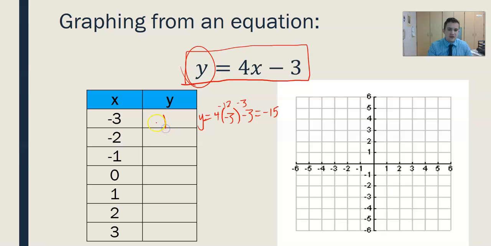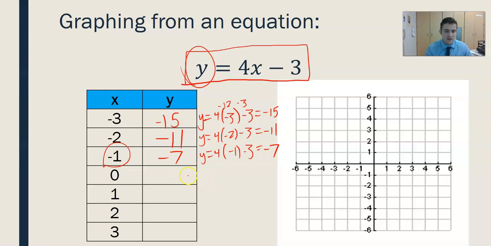So this y value is -15. If I plug -2 in for x, I get 4 times -2 minus 3. So 4 times -2 is -8, minus 3 is -11. Y equals 4 times -1 minus 3. That's -4 minus 3 is -7.